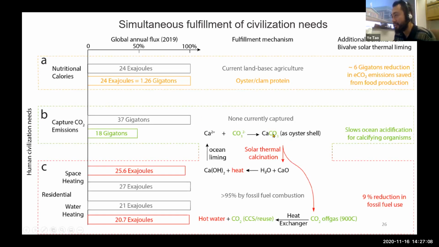And this calcium carbonate, when made into lime and hydrolyzed to produce heat, produces enough heat to heat more or less the entire world's housing heating demand. And the thermal content in the CO2 off gas is enough to heat all the hot water needs that we have. Together, that constitutes a 9% reduction in fossil fuel use.